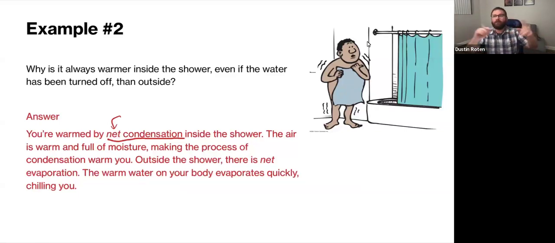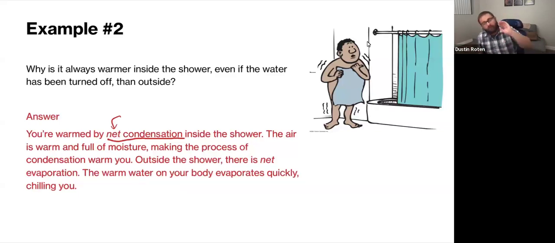Or if you remember forces acting on an object, you add all the forces together and then all those summed forces act like one big force pointing in one direction. That's sort of what's happening here. Evaporation and condensation could both be happening, but one of them will be greater than the other. That's why I say net condensation here. Evaporation could be happening, but there's just so much more condensation. What we're feeling is net condensation.